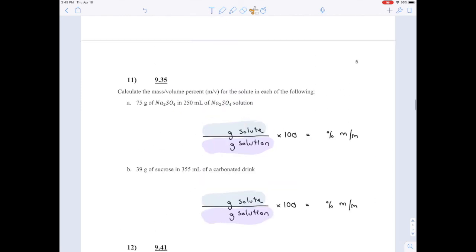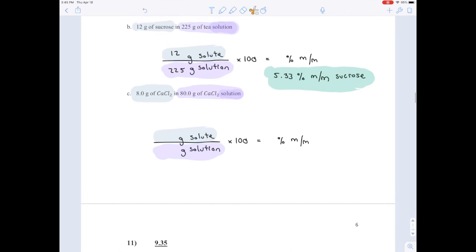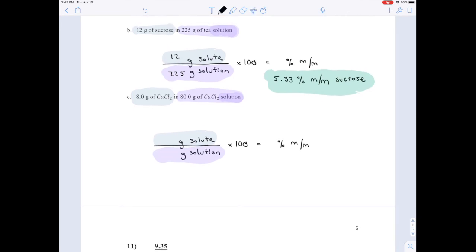We have 8 grams of solute in every 80 grams of solution. So 8 divided by 80, enter, times 100, it's giving me around 10% by mass calcium chloride, CaCl2. So you'd have around 10 grams of calcium chloride for every 100 grams of solution here.